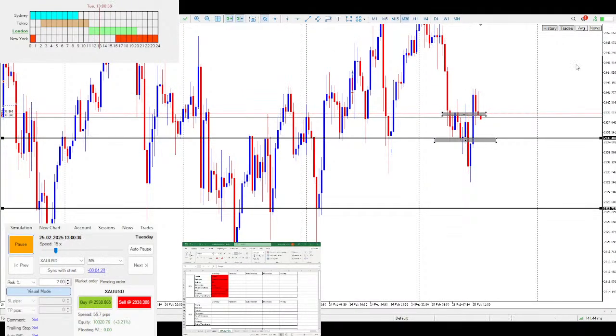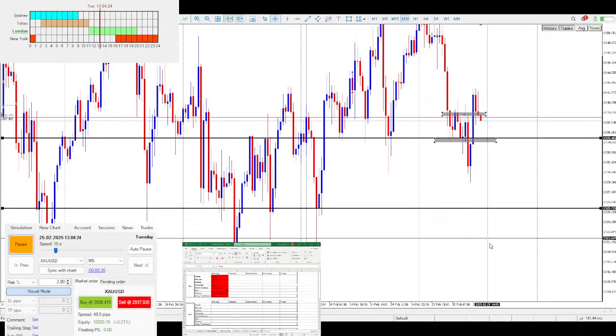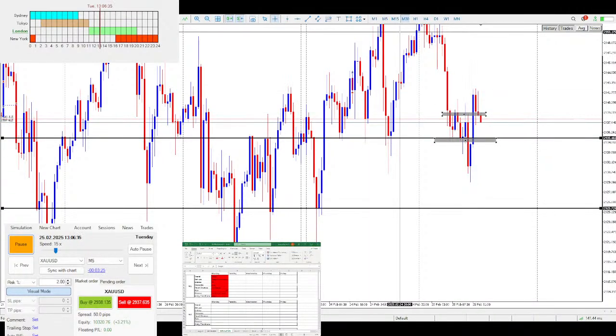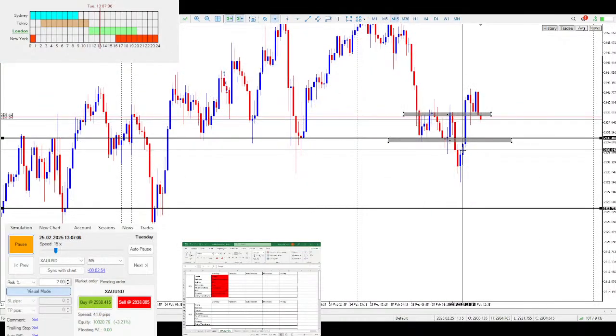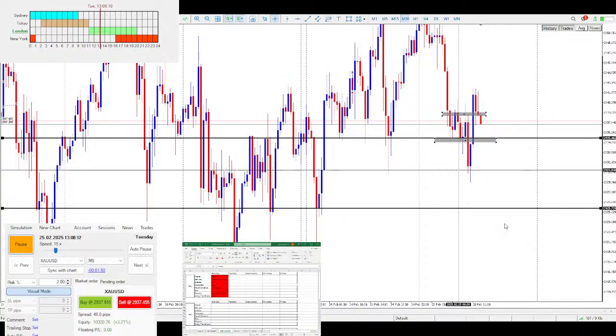Okay, 2 hours before the 4 hours close for the day. Now I can't take any trade. I could have taken sales when this M30 broke the previous M30 low. This was the second M30. But coming to the M15 time frame, the stop loss was too big, so I didn't take that trade.